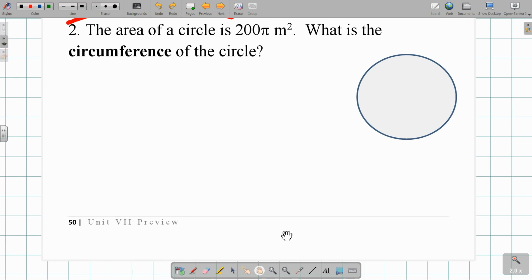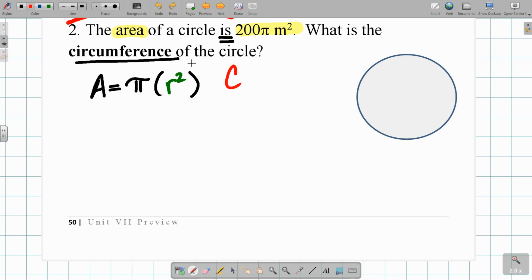Let's try another one. The area, underline that word, of a circle is 200 pi meters squared. Right by is, put an equal sign. What is that circumference? Start by writing your equations. Area equals pi r squared. Circumference equals d pi.